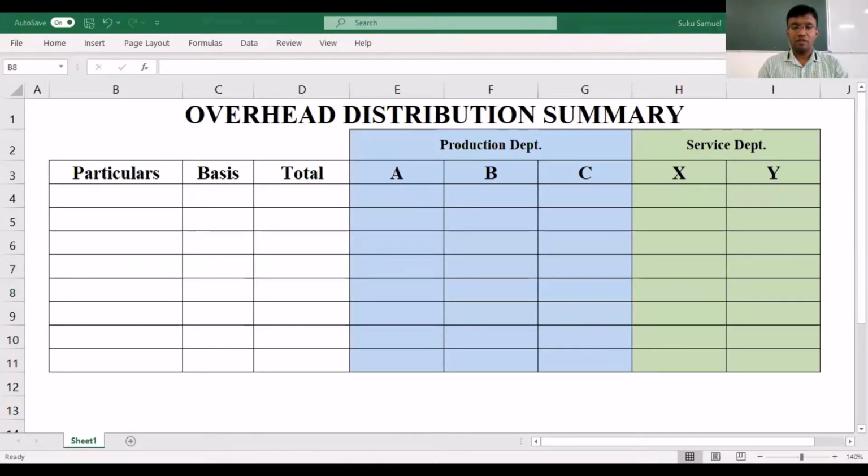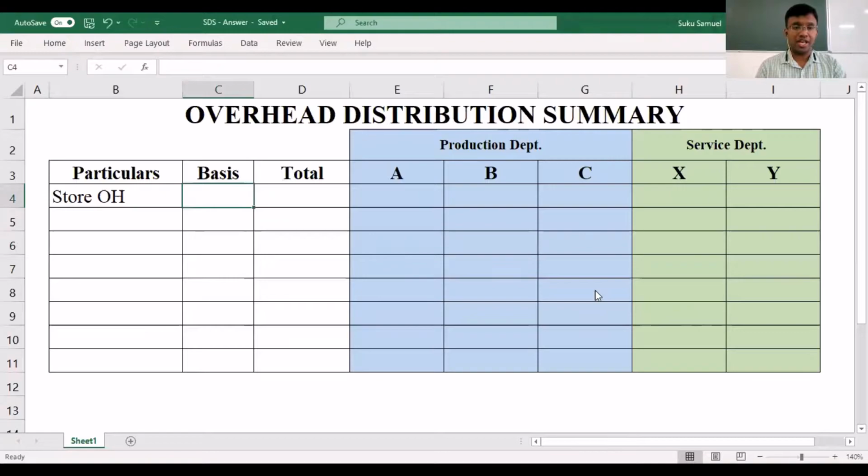The first one that we have to apportion is the store overhead. So what would be the basis for apportioning store overhead? For this, I would be happy if I would get some inputs from students as well.